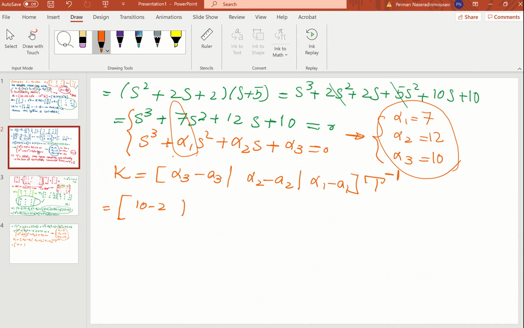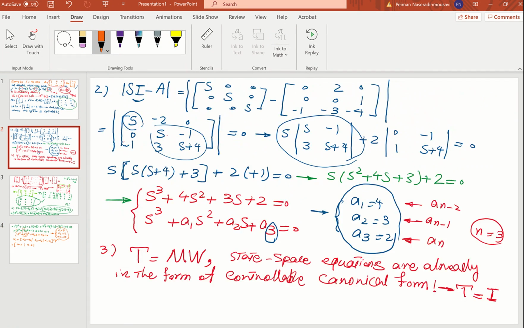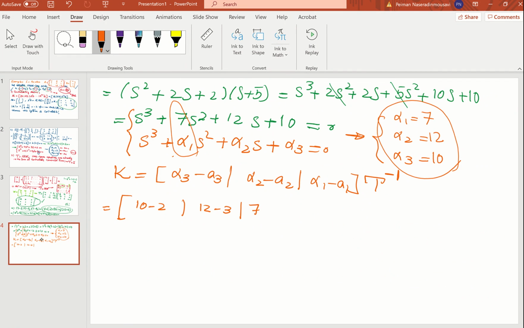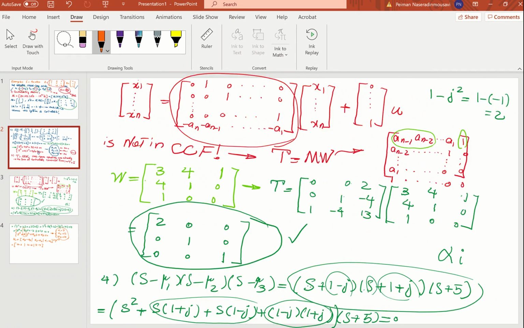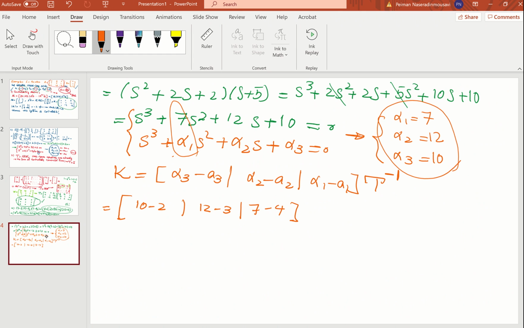Alpha 2 is 12, A2 is 3, so 12 minus 3. Alpha 1 is 7, A1 is 4, so 7 minus 4, times the inverse of the transformation matrix that we found. The inverse of 2 0 0, 0 1 0, 0 0 1.